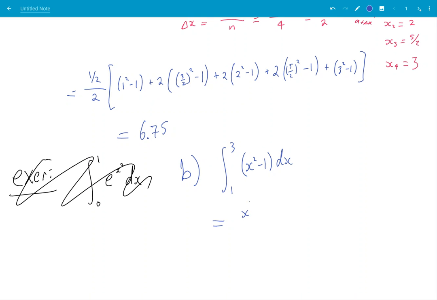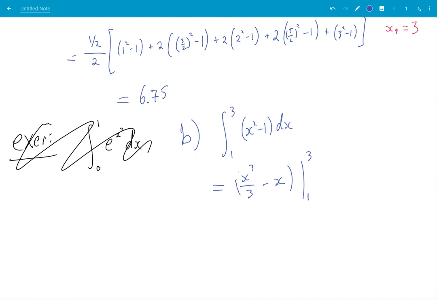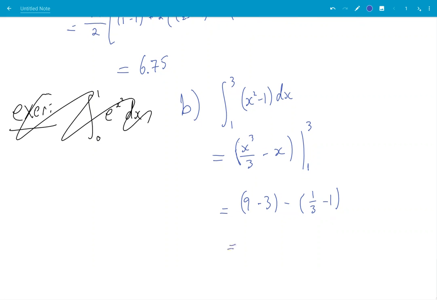We get x cubed over 3 minus x from 1 to 3. And what is that? 9 minus 3 minus a third minus 1, which is equal to 6 plus 2/3, which is 6.6 repeating. So we can see that this number is not too far from the exact value.